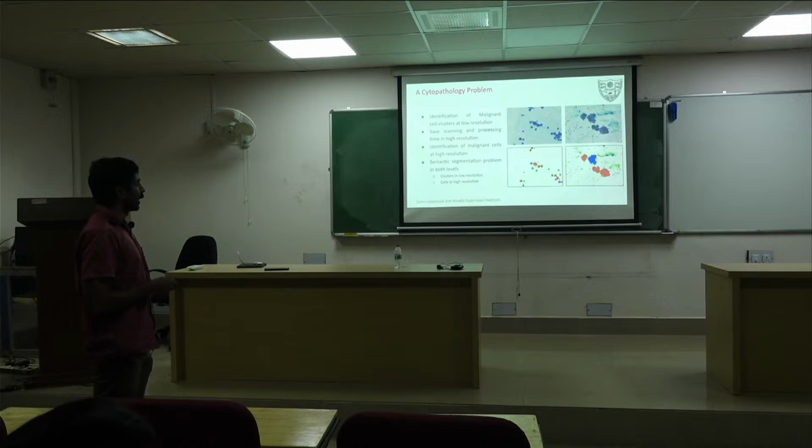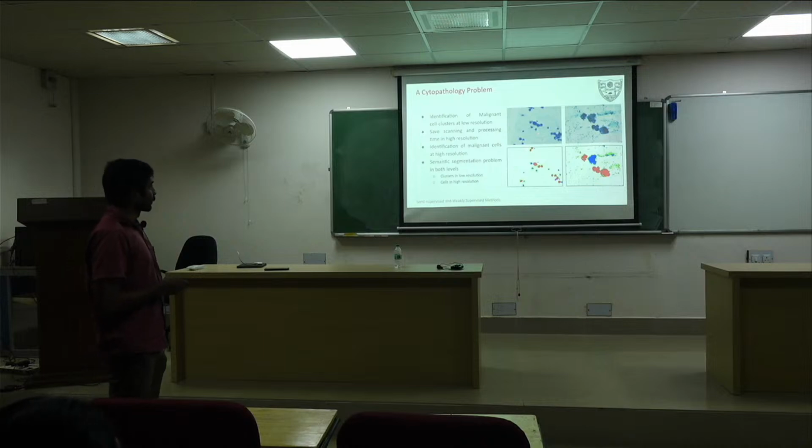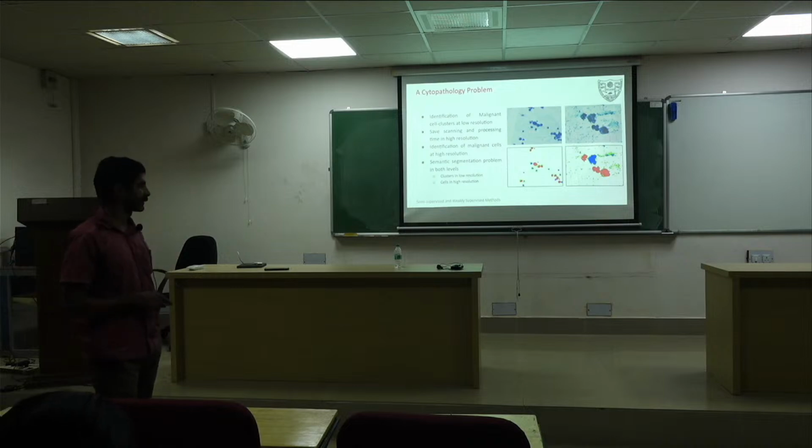Generally at full resolution things look like this, and it is easy to identify, okay, this is a malignant cell. These are the corresponding labels. The red part is the malignant cell, the blue part is benign cells, then there is the background, and the green part is the cytoplasm of the cell. So this is what is expected.